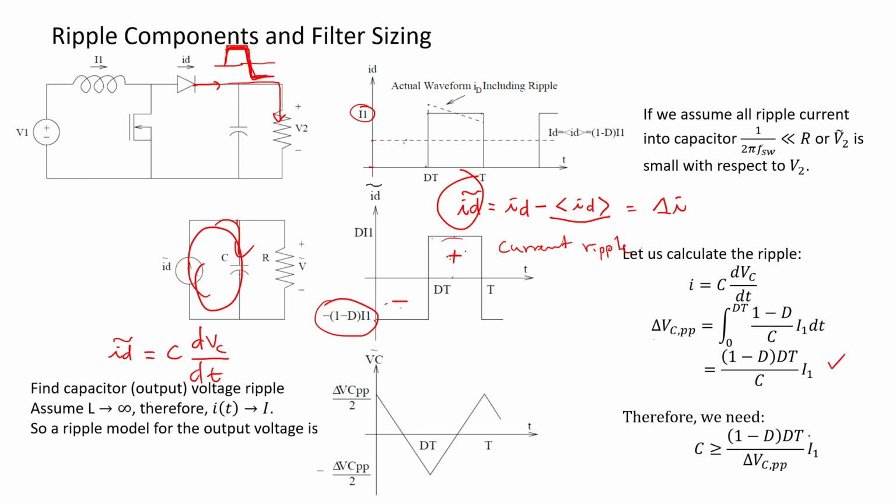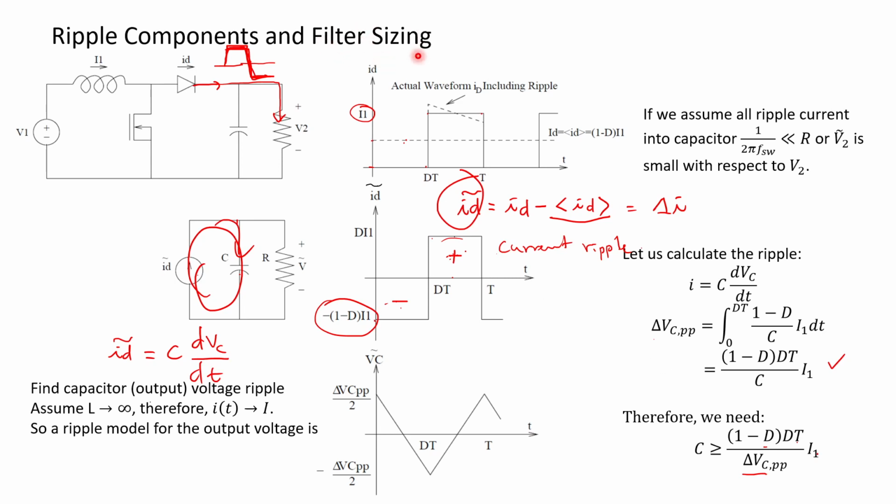So C is equal to this, in terms of duty ratio, period T, the ripple that we allow in the capacitor, and also I1 here. Okay, so when designing, when choosing the filter size, here filter sizing, right?